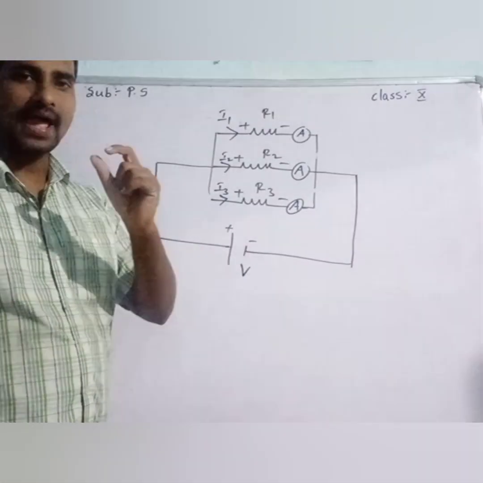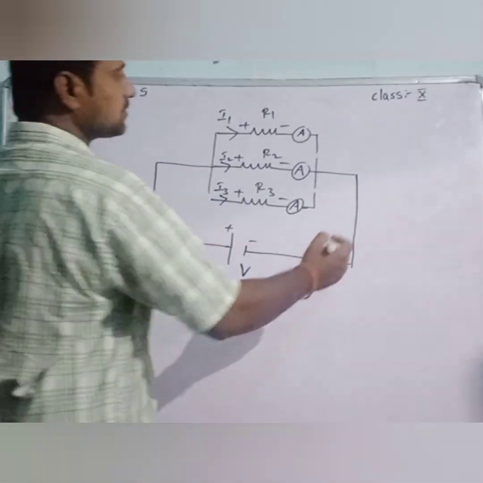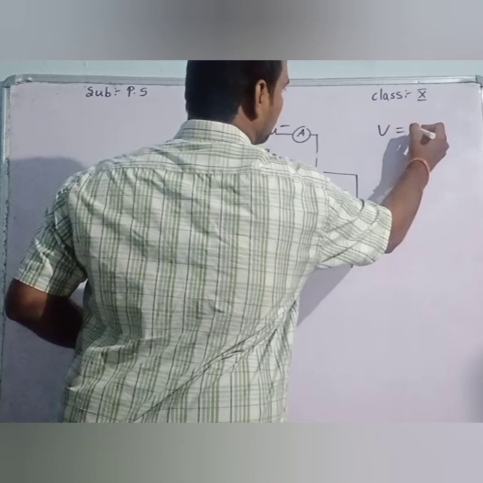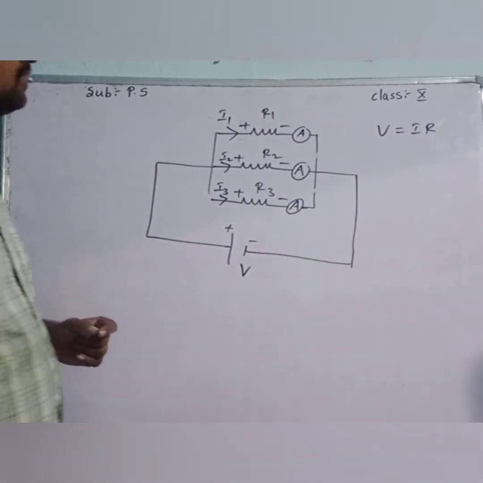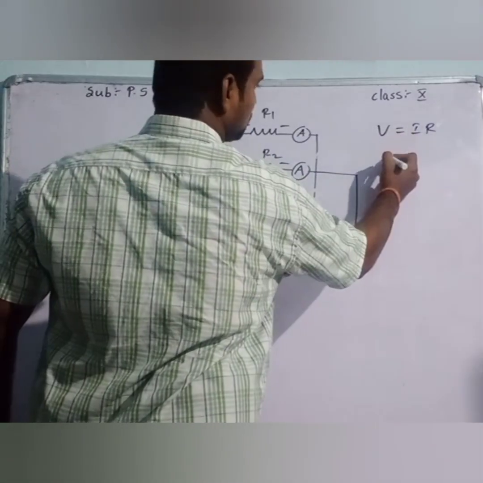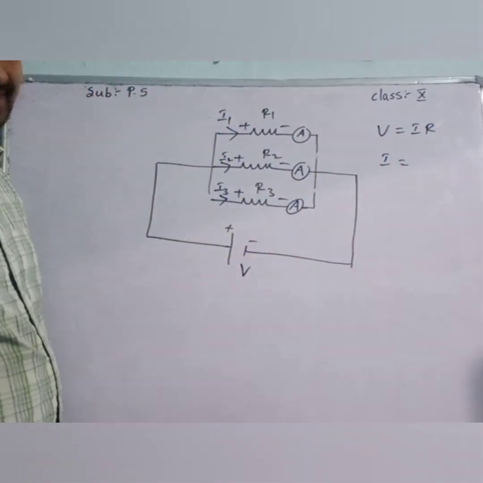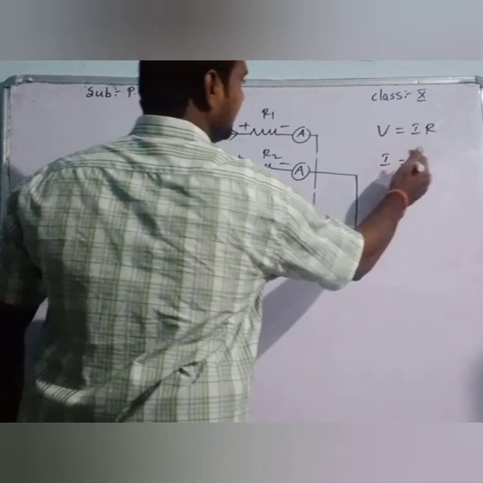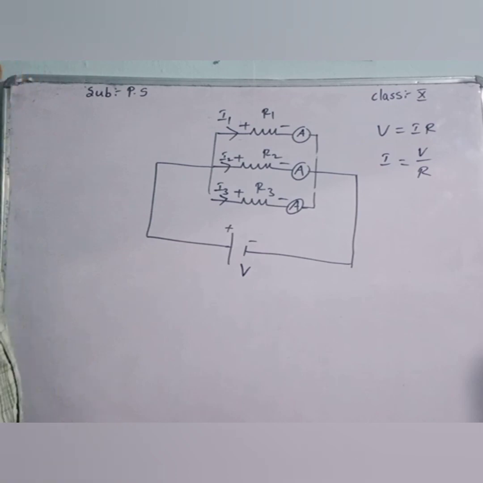According to Ohm's law, which you already know, V is equal to IR. By using Ohm's law, let us find the I value. Transposing R to the left-hand side, I is equal to V by R. So this is Ohm's law.